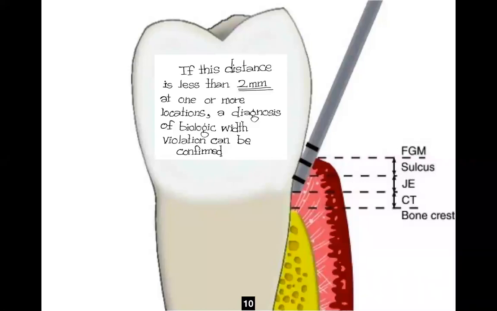If it is less than 2 mm at one or more locations, a diagnosis of biologic width violation can be confirmed. I hope I'm simplifying the topic and making it easier for you.